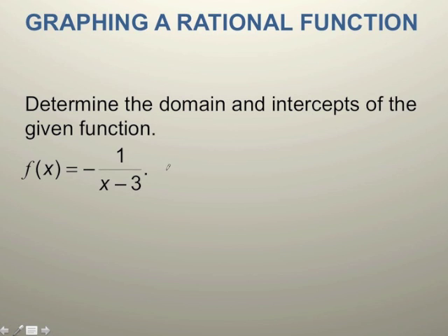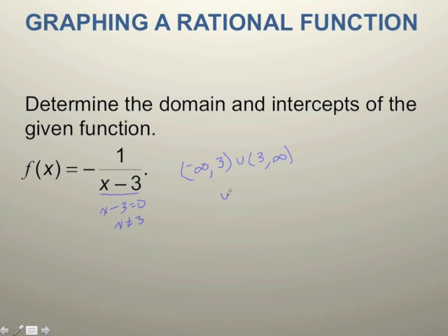So it is a little different. Okay, the domain, what would make the denominator equal to 0? Well, that would be x equals 3. So basically x cannot equal 3. And the domain is from negative infinity to 3, union with 3 to infinity.